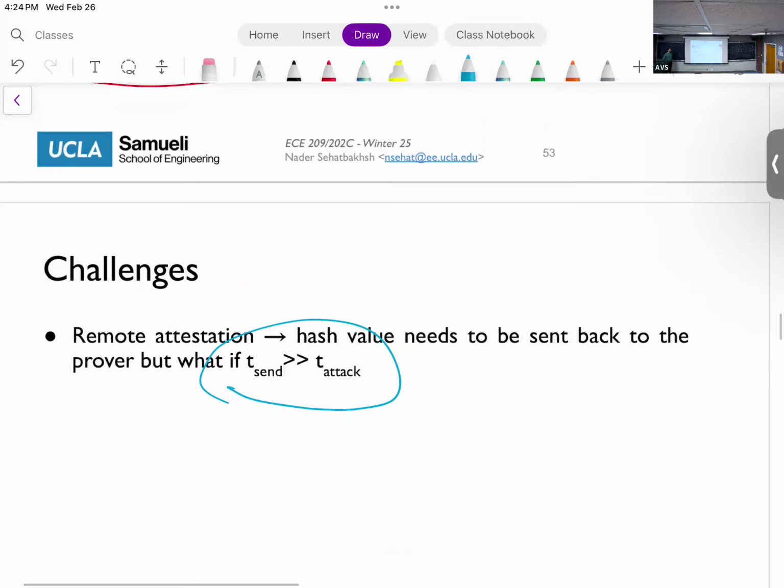The good thing is that for wired networks, home networks, or local networks, this doesn't happen that much. Usually you get a fairly stable network latency. But if you're talking about a truly remote attestation, where the verifier and the prover are far away from each other, then unfortunately software attestation is not a good solution. Okay.